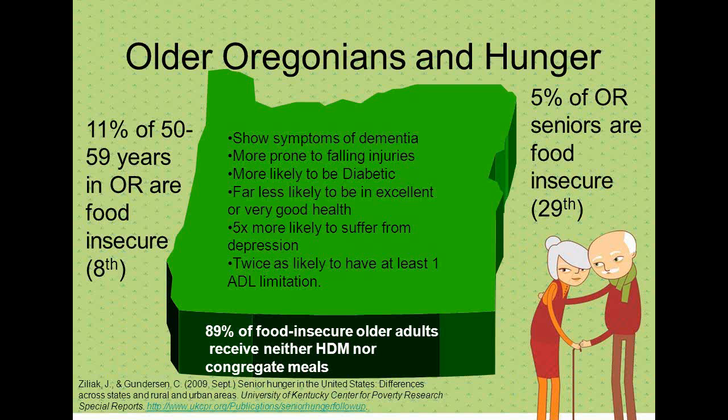As you look at this slide, you will see that 11% of 50 to 59-year-olds in Oregon are food insecure. This is a slide that Kim pulled together, and I believe the reference to 8th is that we are 8th in the nation.